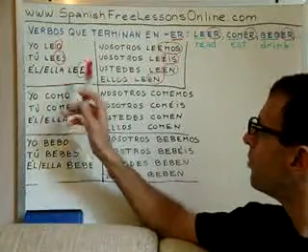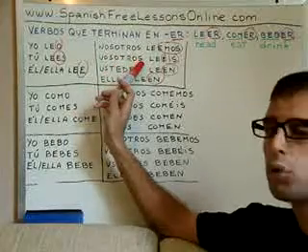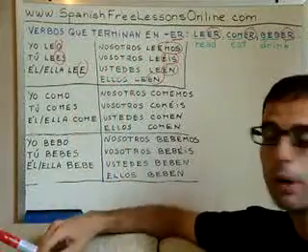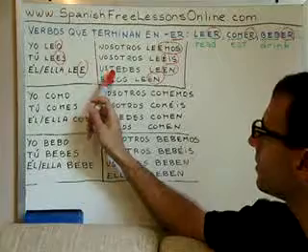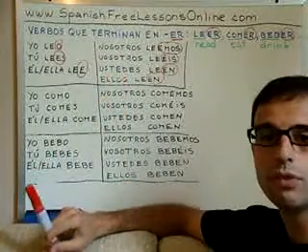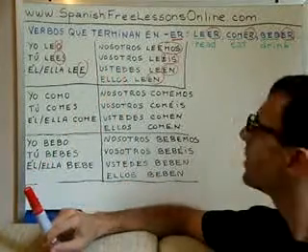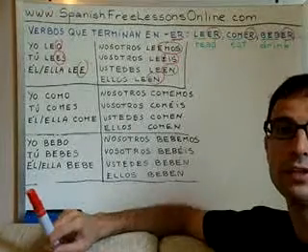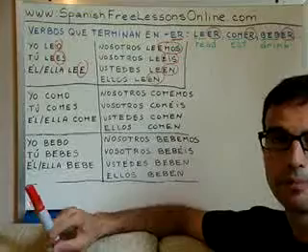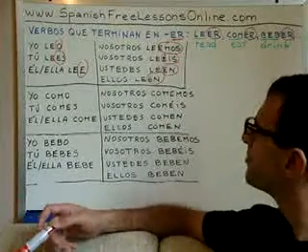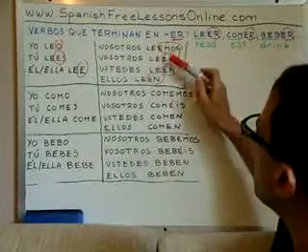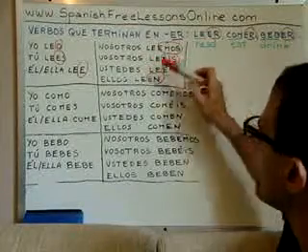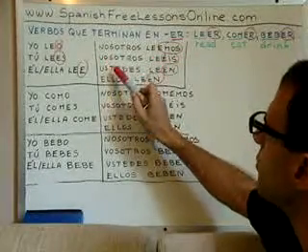As we said before, vosotros is what is used in Spain. Ustedes is what is used in Latin America. And both forms are correct and acceptable academically. But the conjugation changes for vosotros and for ustedes.